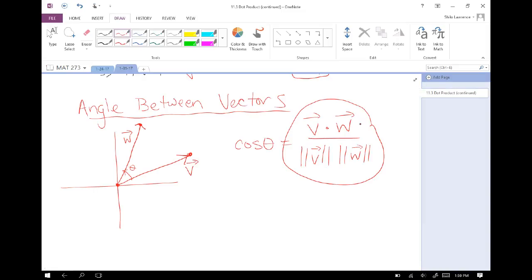It'll give us the cosine, which means to get theta, if we're actually trying to solve for the angle between those 2 vectors, what one more step do we need to do to solve for theta? The inverse cosine, yep. So we'll do cosine inverse of this value.